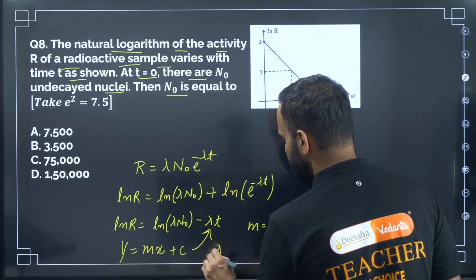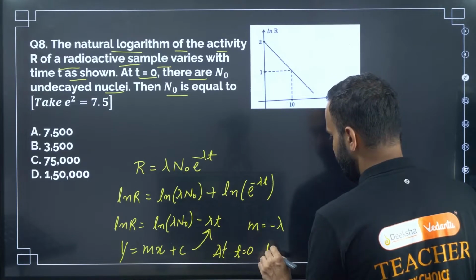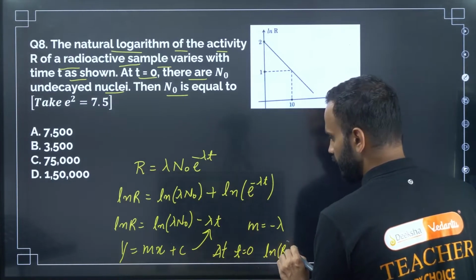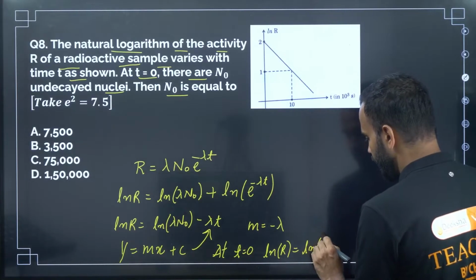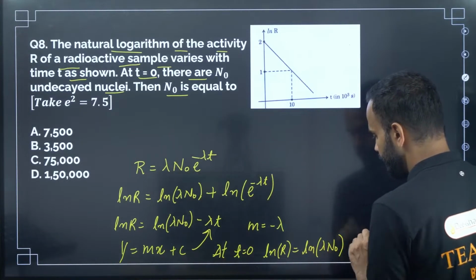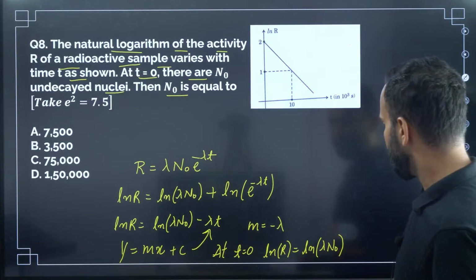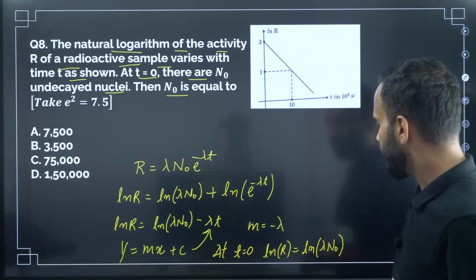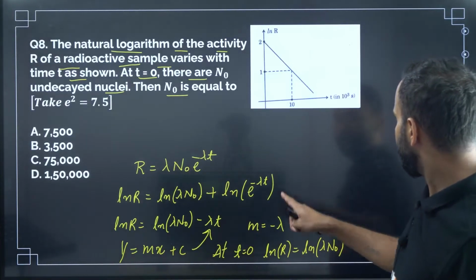So at t equal to 0, ln of R is equal to ln of lambda into N naught. So what is ln of R at t equal to 0?